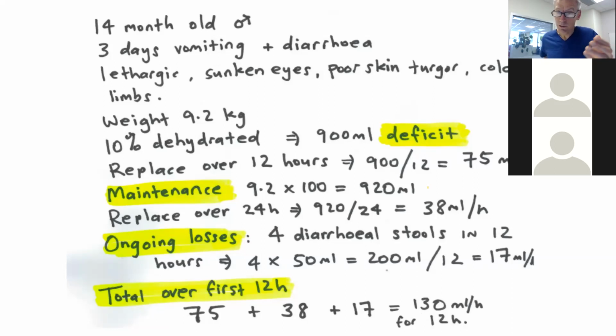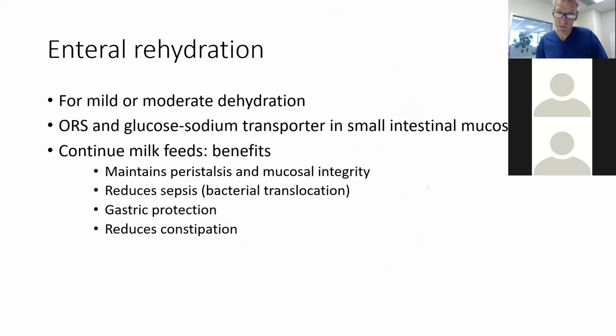They're estimates of what the deficit is, estimates of what the child's maintenance fluid is, and estimates of whether or not the diarrhea will settle down or it will get worse after the child comes in. And I think it's good to do the calculation to work out how much fluid the child needs and then reassess things on a regular basis.